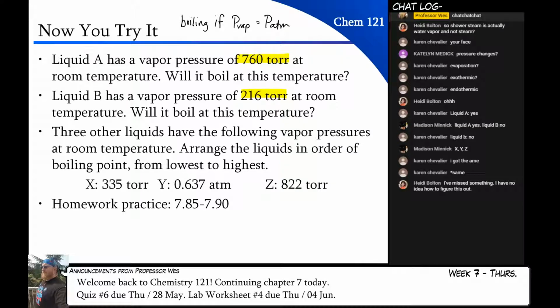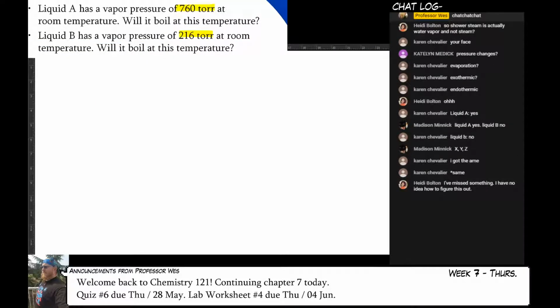All right. Let's go over the answers. So for the first part here, I want to know if my liquids will boil based on their vapor pressure. For liquid A, its vapor pressure is equal to 760 torr.